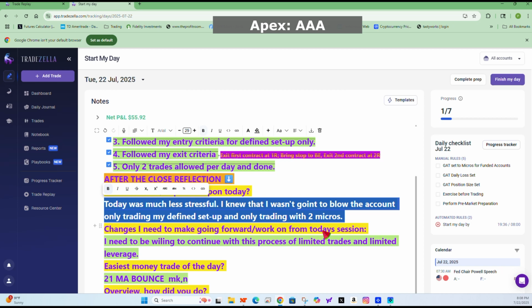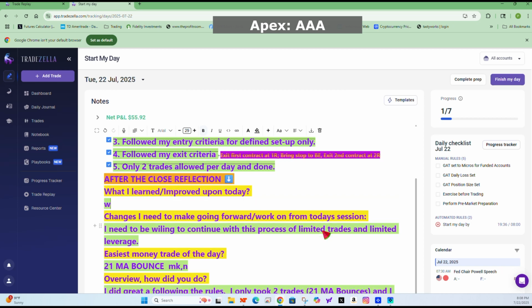I learned that waiting for a defined setup makes it easier to take less trades.